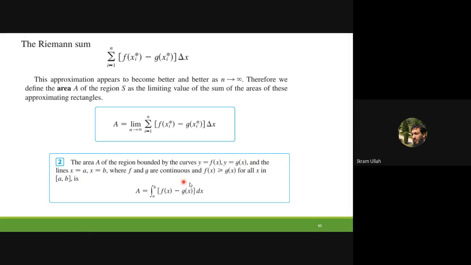This is equal, according to the Riemann sum, to the integral from a to b of f of x minus g of x dx. So this is the simple formula to find the area bounded by the two curves and between the two vertical lines.